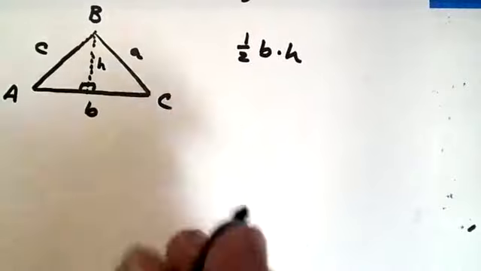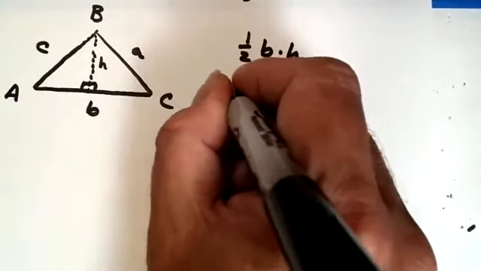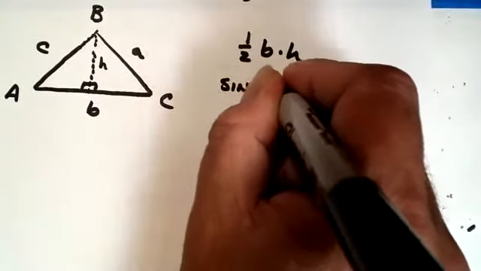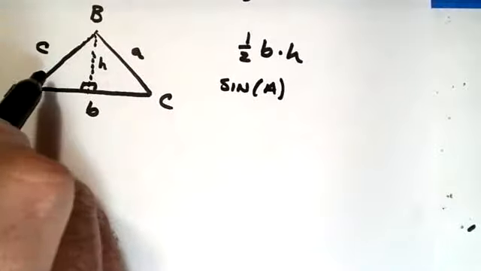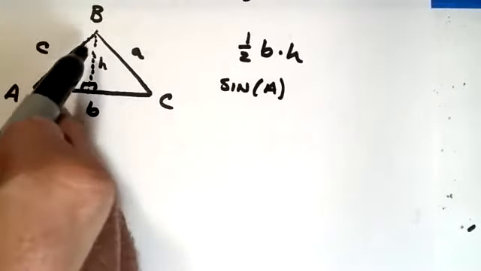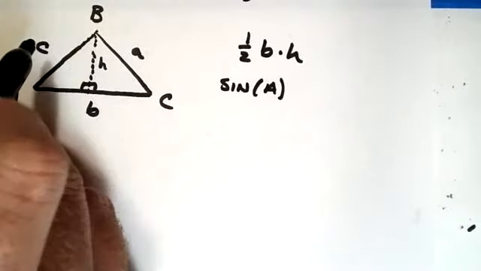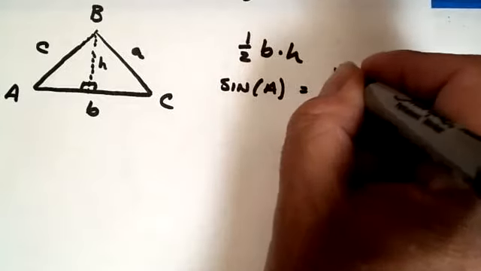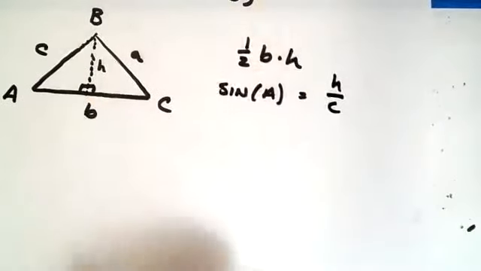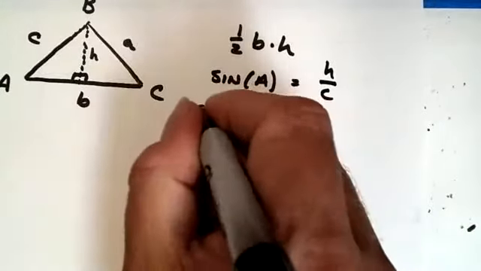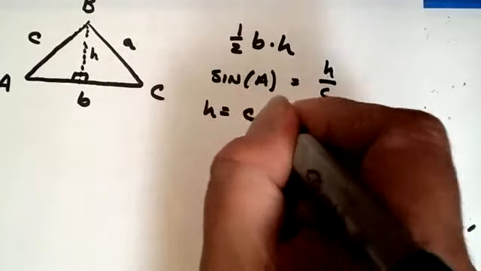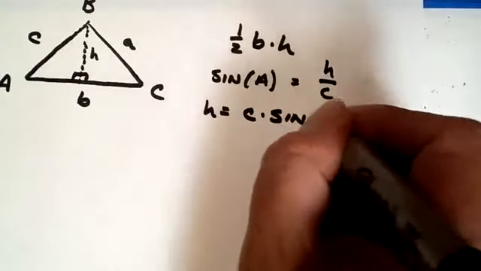And the answer is, of course, yes. So thinking about the sine of angle A, sine of angle A is equal to the opposite over the hypotenuse, which in this triangle is simply h over c. And then if we solve for h, h is simply equal to c times the sine of A.